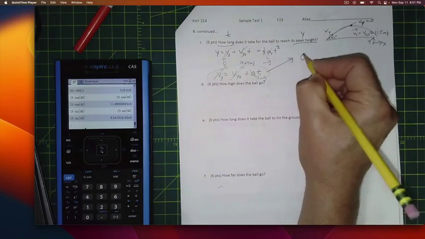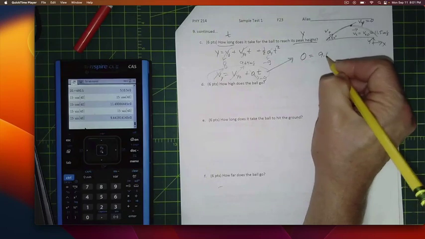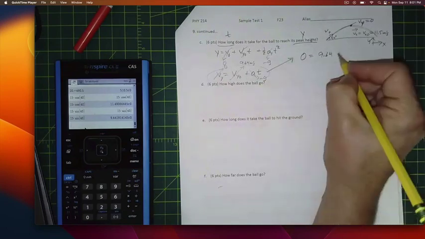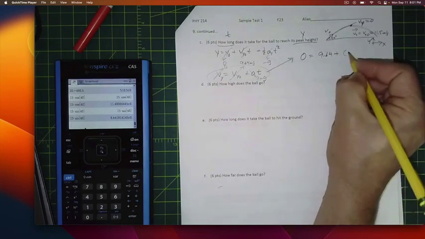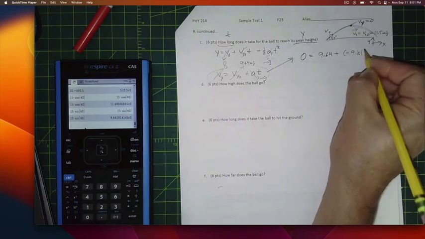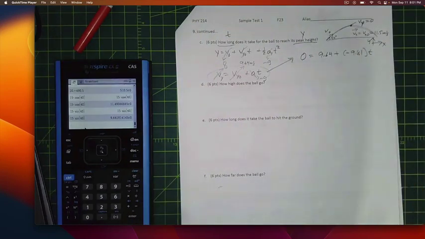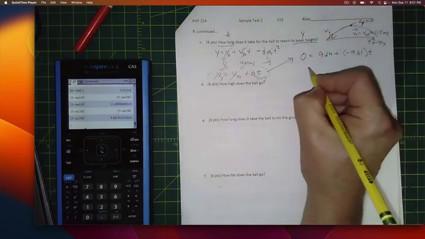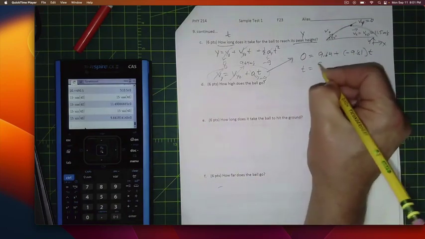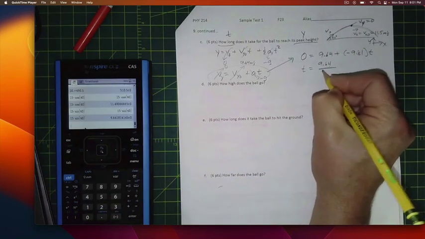We're going to say 0 is equal to 9.64 plus, well, negative 9.81 times t, right, for g. Solving this for t, we're going to get t is equal to 9.64 divided by 9.81.